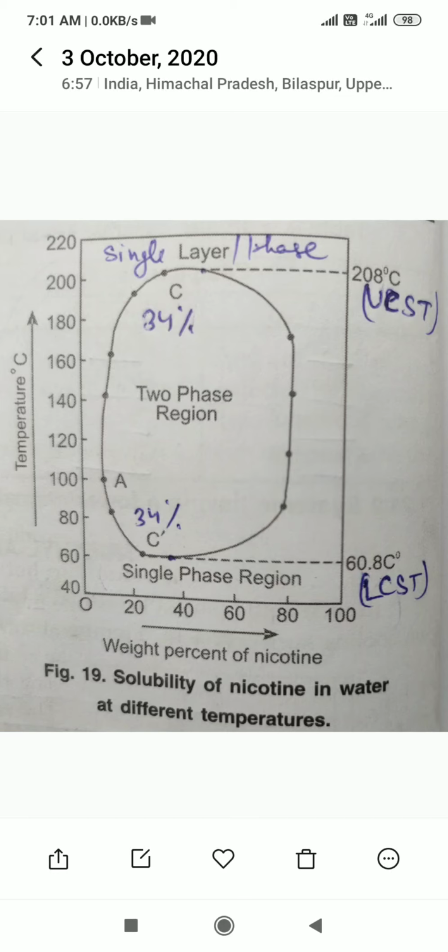So for such systems, two layers become completely soluble above a certain temperature. Now, in such systems, if we go from room temperature to below, then there is also increase in solubility with lowering of the temperature. What will happen?